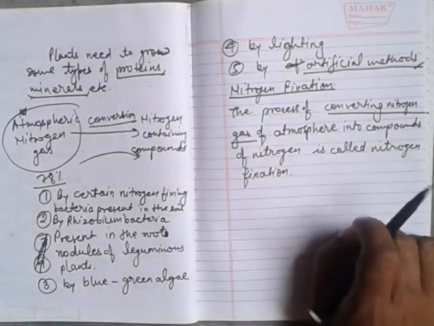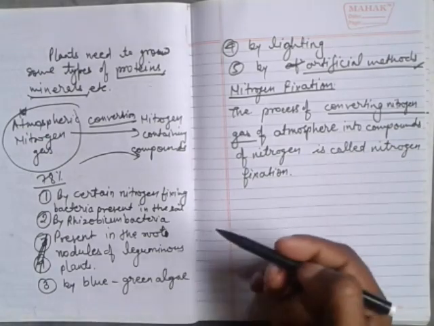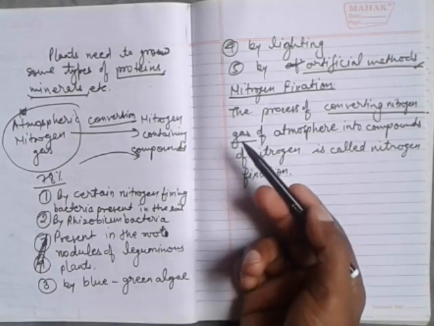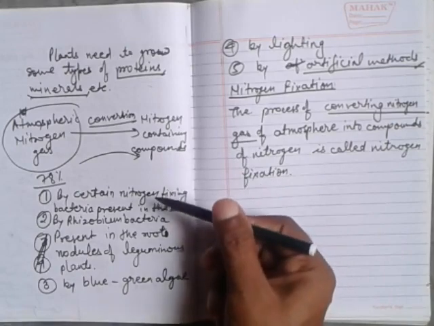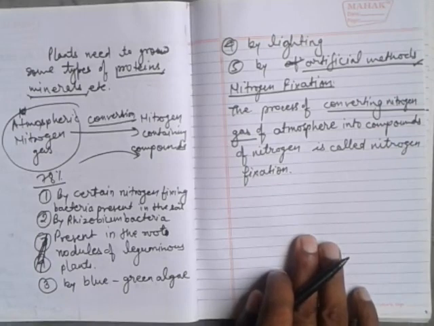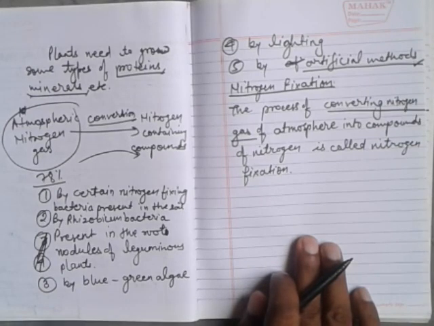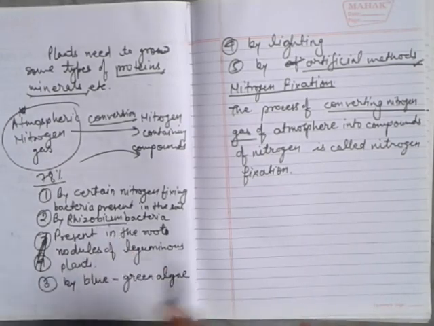Now let us try to understand how this process takes place by some bacteria. One of the bacteria is called Rhizobium bacteria.